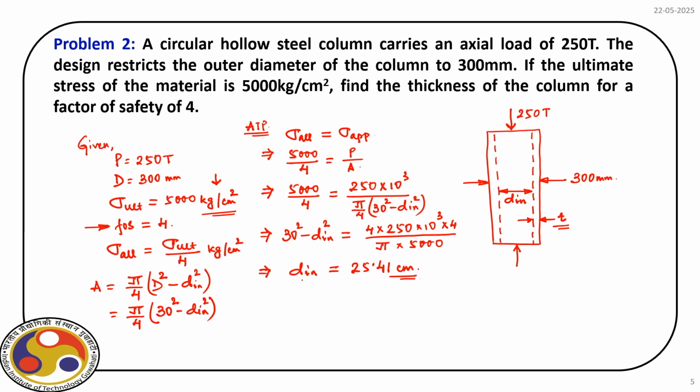Now, this is the inner diameter we have to provide. So, what is the thickness? Thickness is capital D minus d in. So, it is 30 minus 25.41, which is equal to 4.59 centimeter.